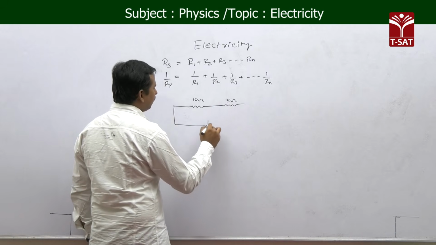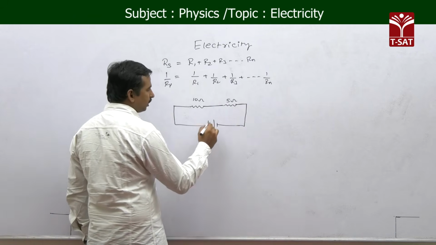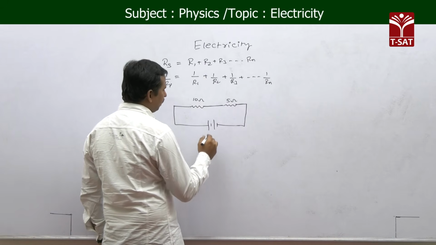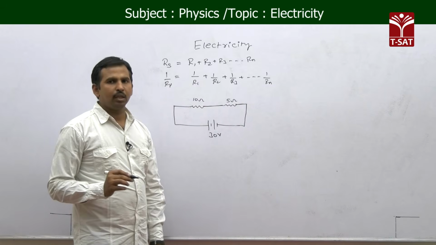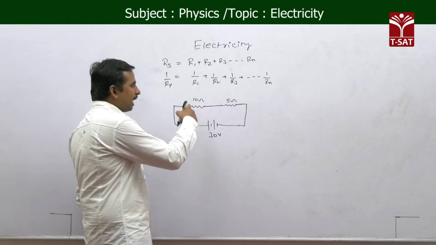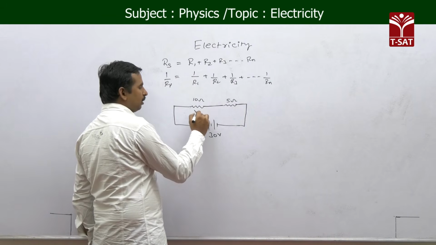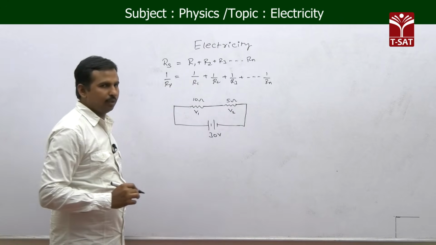Then you connect that to a battery. Let us suppose the voltage of that battery is 30 volts. For this circuit, as the resistance is different, the potential drops are different, V1 and V2.